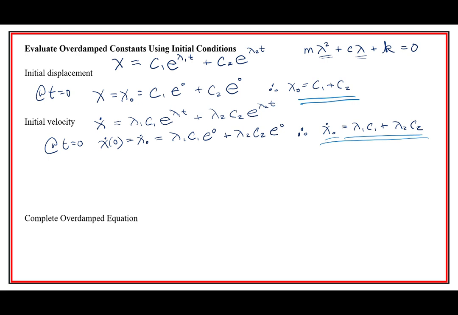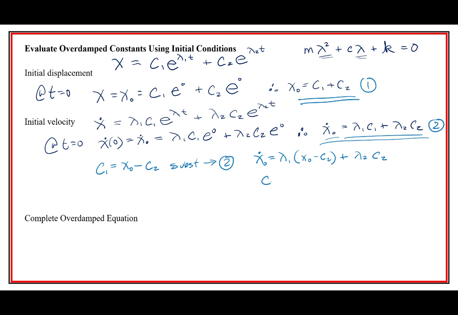The way I did it is I took C1 and set it equal to x naught minus C2, and substituted into equation 2, so that I find that x dot naught is going to be lambda 1 times (x naught minus C2) plus lambda 2 C2.